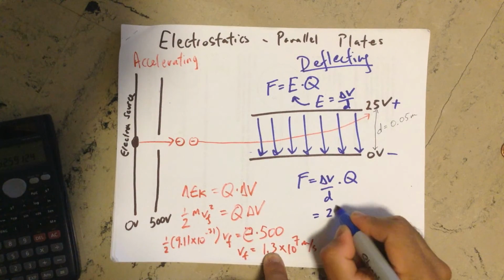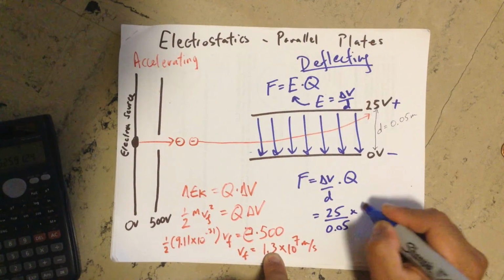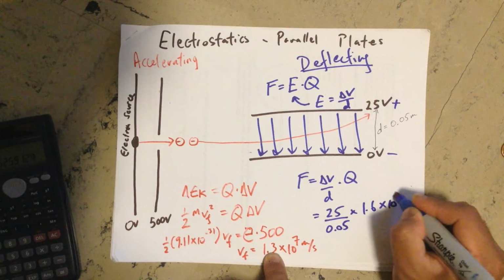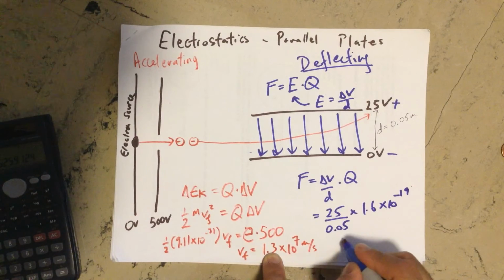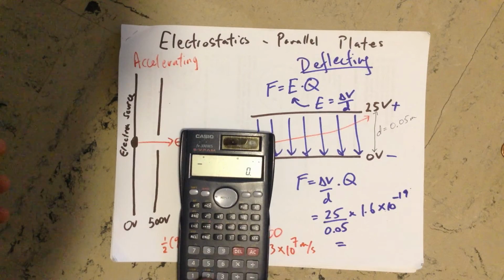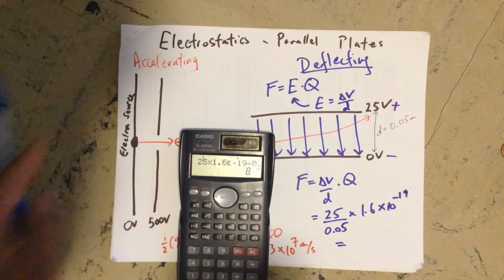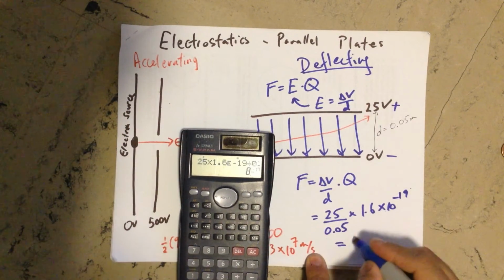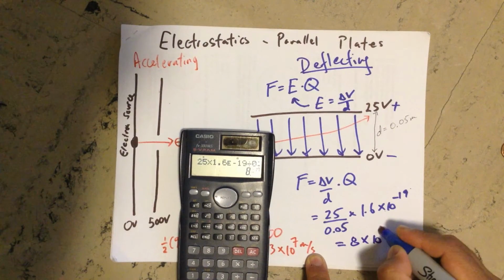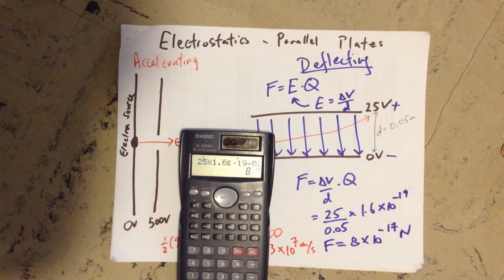So here we would have 25 volts divided by 0.05 meters times 1.6 times 10 to the negative 19, that's charge of an electron, and we get a force that equals 8 times 10 to the negative 17 newtons.